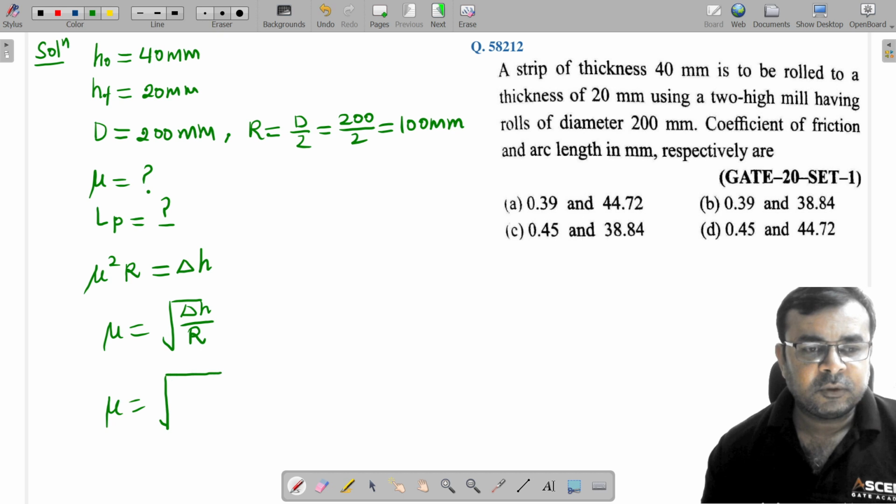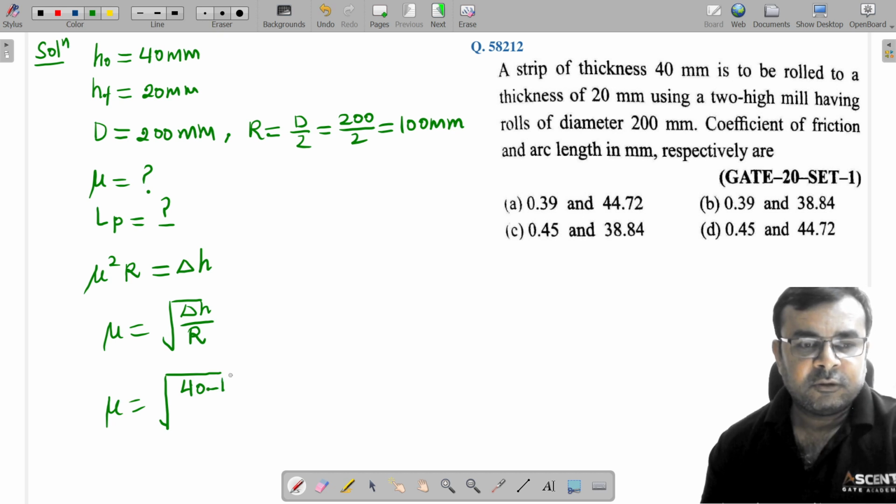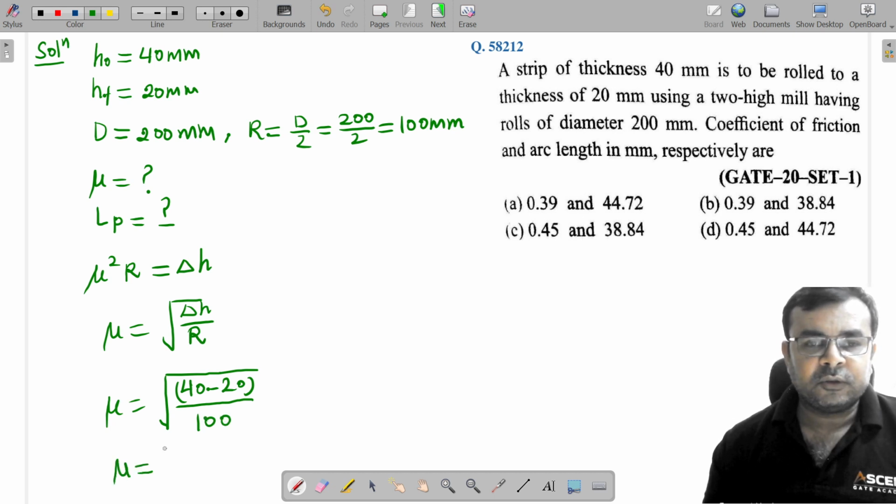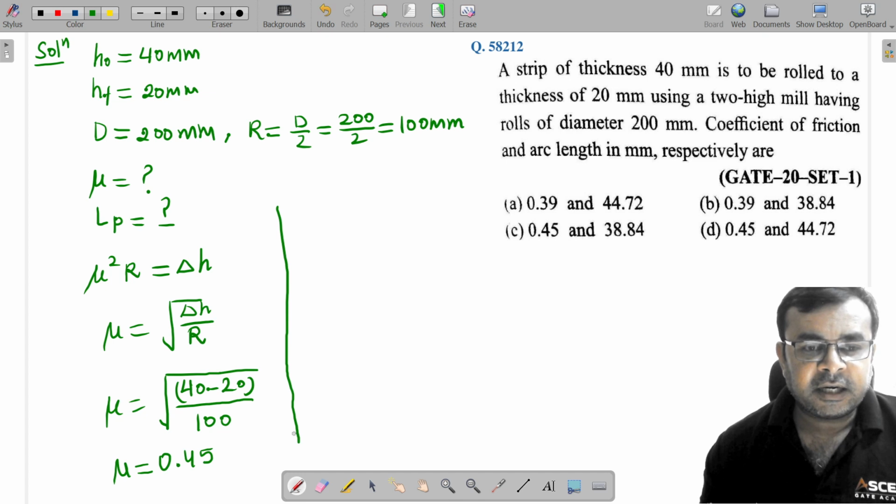Delta h is h naught minus hf, so simply this is 40 minus 20, over r. The radius is given, that is 100. If you simplify this, then you will get mu is equal to 0.45.